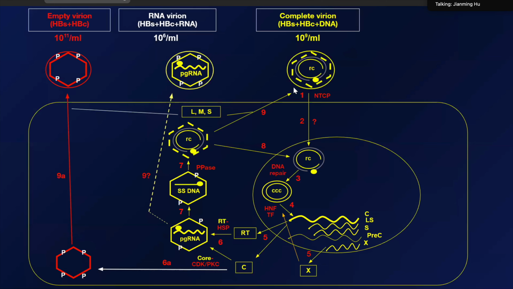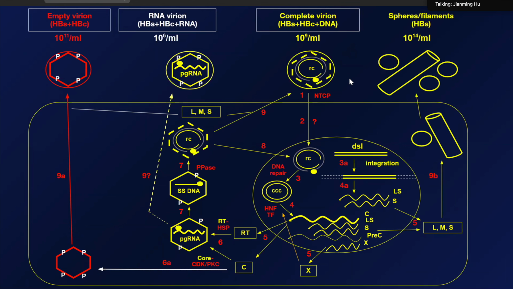Okay. What's also interesting, recently people found there's a low level of pgRNA before it's reverse transcribed. Those immature capsids can also be enveloped and secreted as RNA-containing virions. That's depicted there with a question mark.